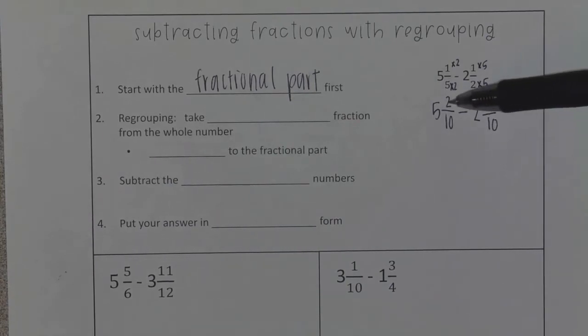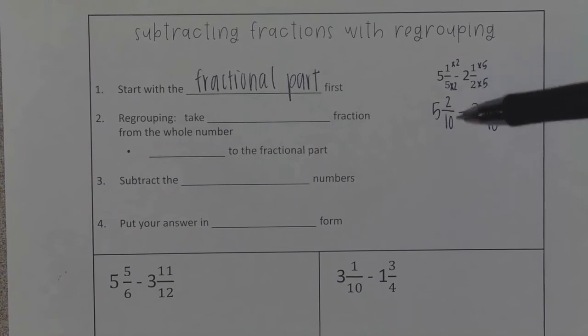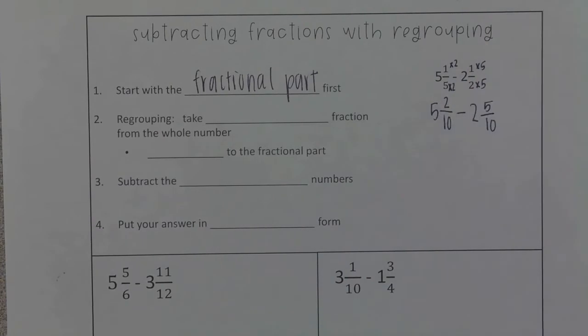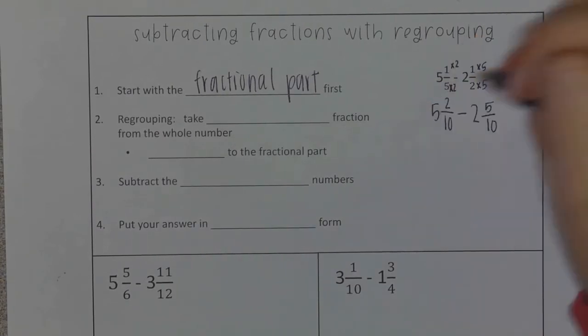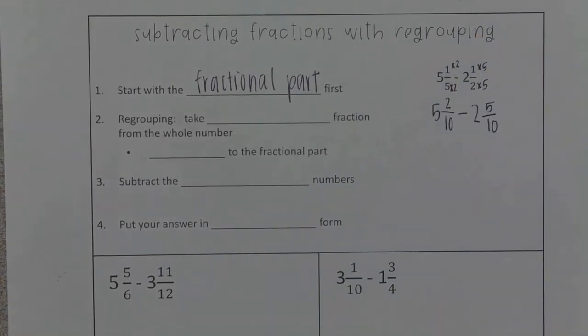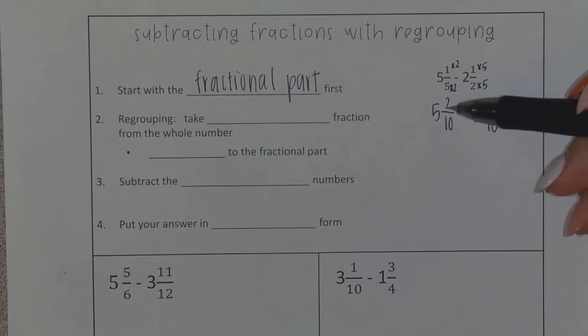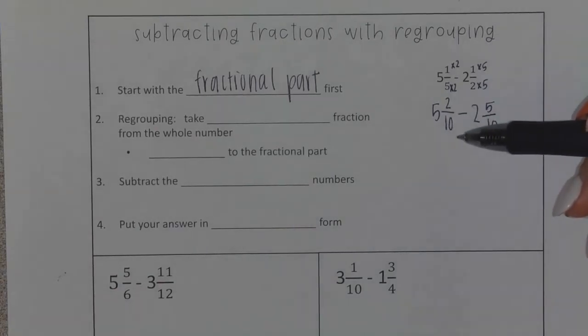But right now, I cannot do 2 minus 5. I don't have enough here. So this is where I have to go borrow. I have to regroup. And when I go borrow, I'm going to take from the whole number. So instead of the number 5, it's like I'm going to change it to be the number 4. But I have to think about, if I'm taking away one whole from the whole number, what fraction am I taking?